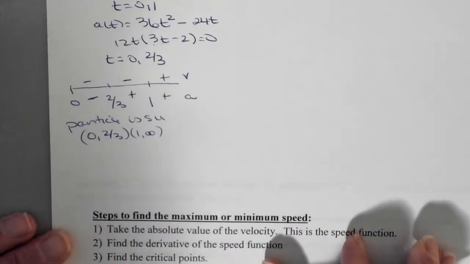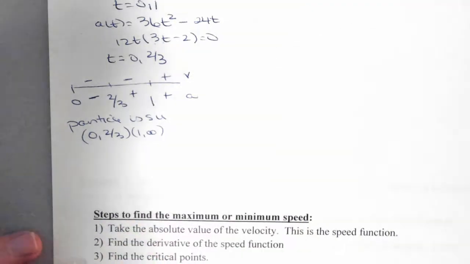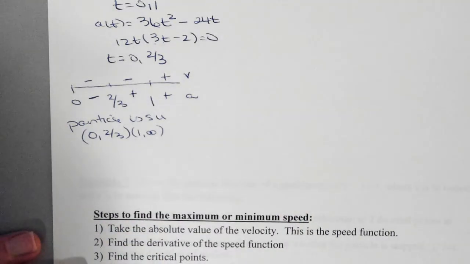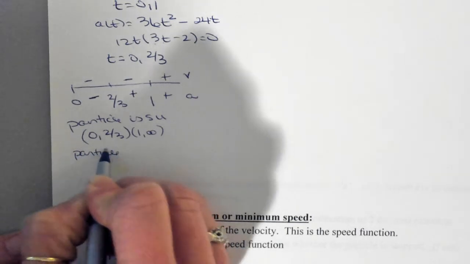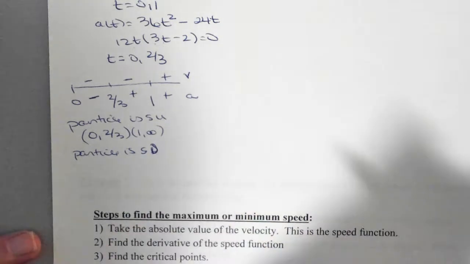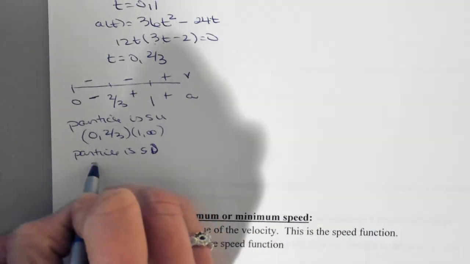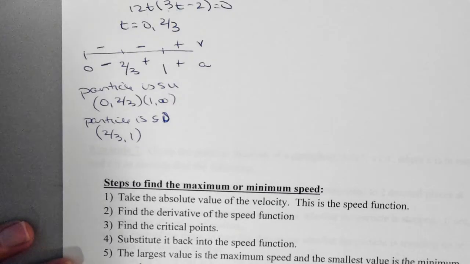And if we had to give a justification, I would have to be very specific, right? Acceleration and velocity have the same sign. That's your justification. Okay, and then the particle is slowing down where? 2/3 to 1. Why? Because acceleration and velocity have different signs.